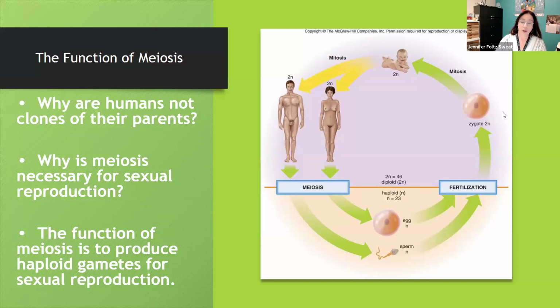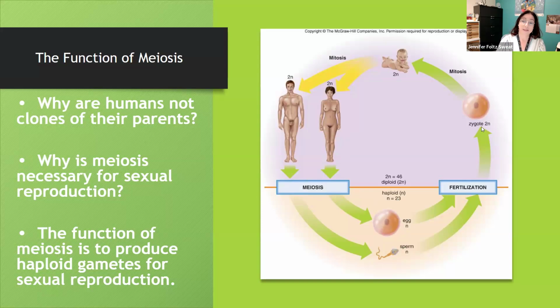So this is the human life cycle. And what I want you to notice here, here's the guy, here's the woman. Meiosis, like I said, occurs in the ovary and the testes, and gives you gametes. Now, fertilization occurs, egg and sperm join.